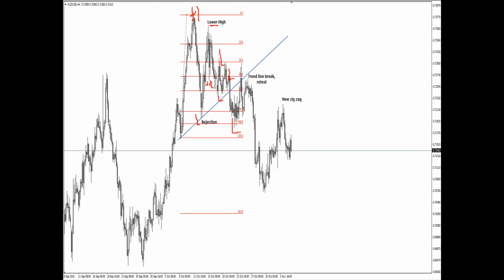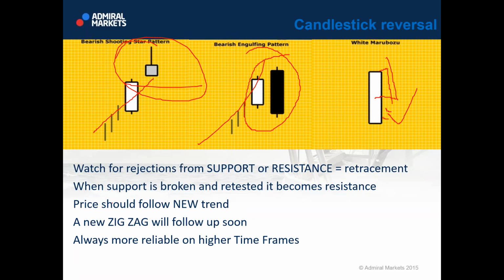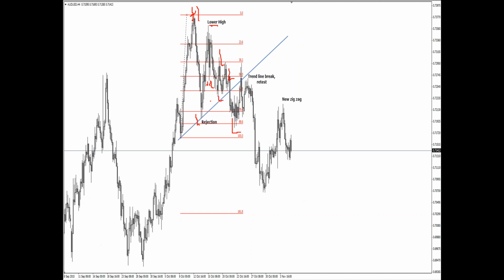And here, at the trend line break, you wait for a retest. What did I say? Price, when support is broken and retested, it becomes resistance. Okay, this is support. It was broken. This is retest, rejection.